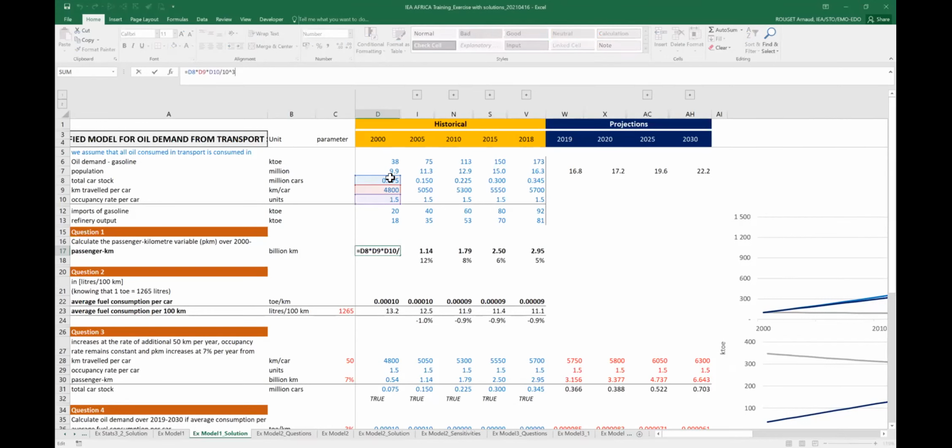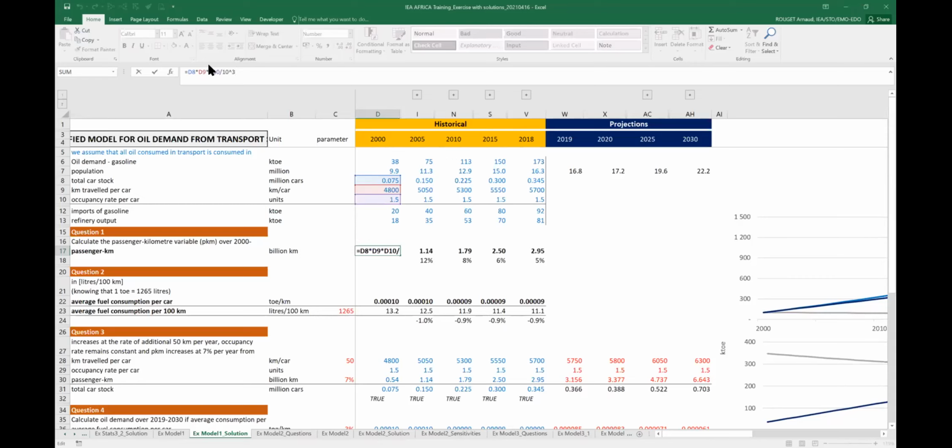So this comes back to the previous question: are we able to know how many cars there are in the country? Maybe looking at Ministry of Transport data or others. So total number of cars multiplied by the kilometers traveled per each car. This can come from a survey or any other data, again, most probably from the Ministry of Transport.